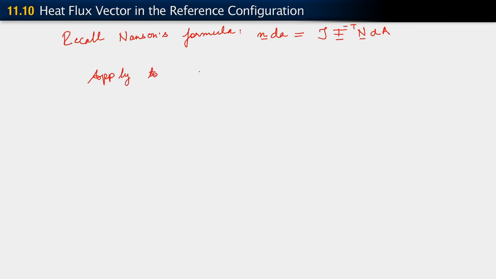Okay. So we apply this to the statement we had in the previous slide, which is that minus q dot n dA equals minus capital Q dotted with N dA. Okay? All right? Remember that both of these things give us heat flowing into the body per unit time.